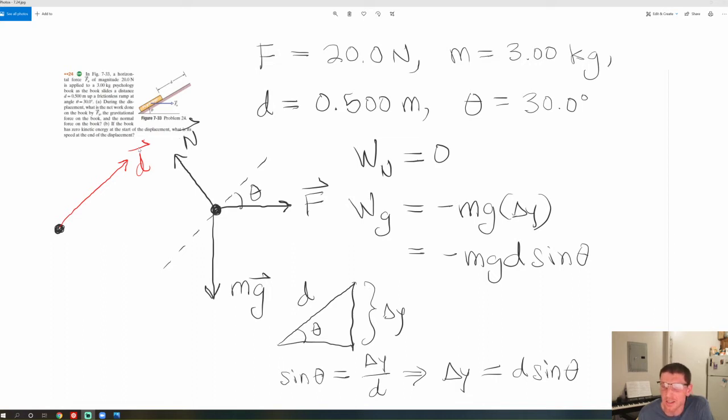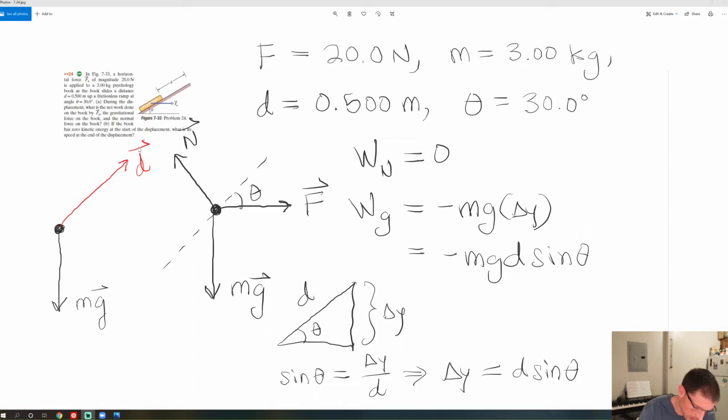But anyway, this is the work done by the gravitational force, and maybe we could talk about this a little bit. There's a few different ways you could show this, but I think the clearest would be to just work with our diagram here to the left. I'll put the gravitational force here like this.